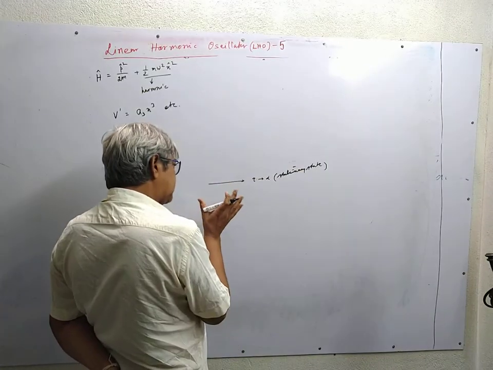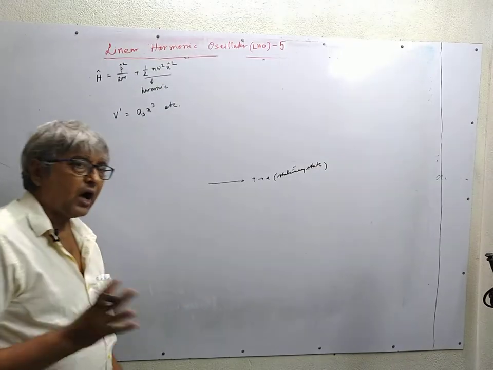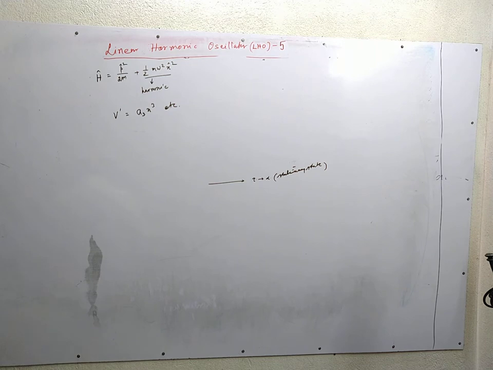And the characteristics of the stationary state is that unless some external disturbance is applied to the system, the system always lies in a particular state. This is the definition of stationary state, that is, it has infinite lifetime.